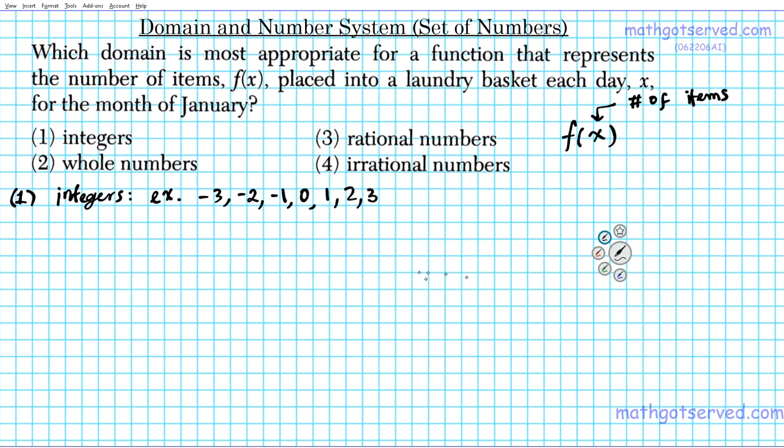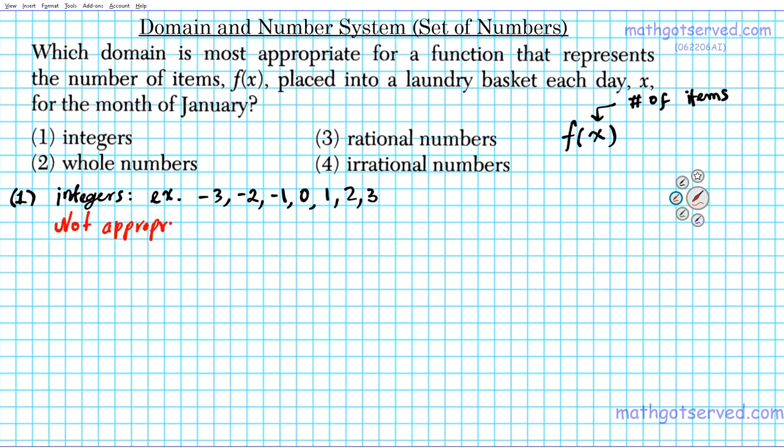Okay, so would this be an acceptable domain for this particular problem? In order for it to be acceptable, every element of this set must be reasonable or should make sense. Does everything here make sense for the number of clothes, the number of items you have in the basket? The answer is no. This one is not appropriate.